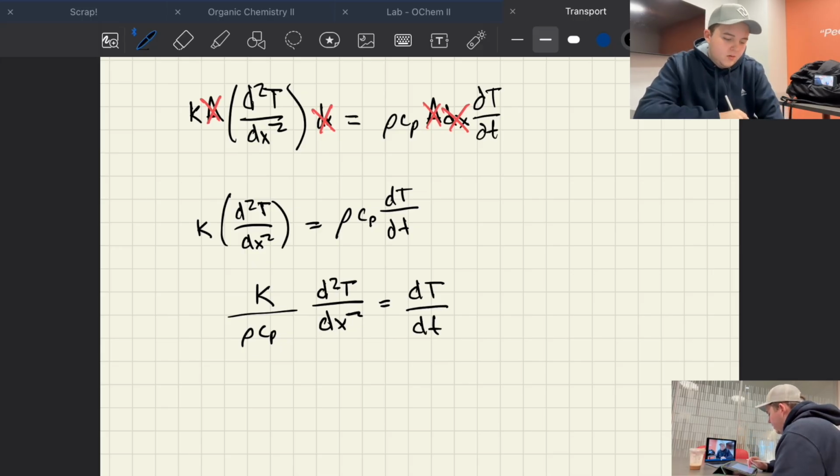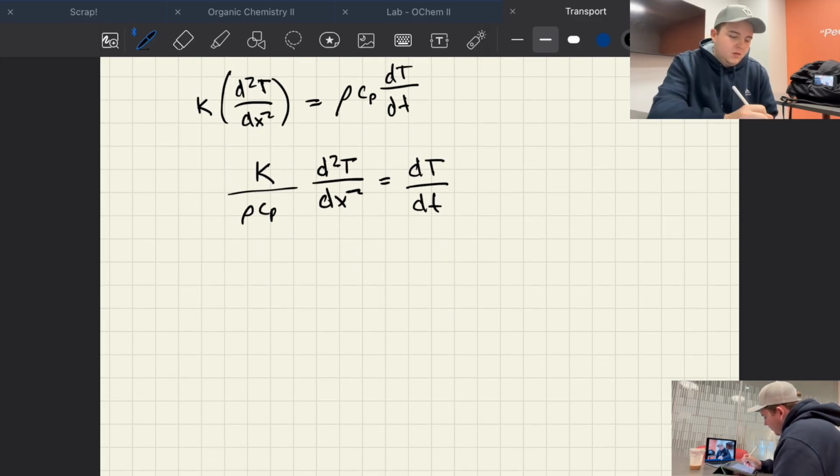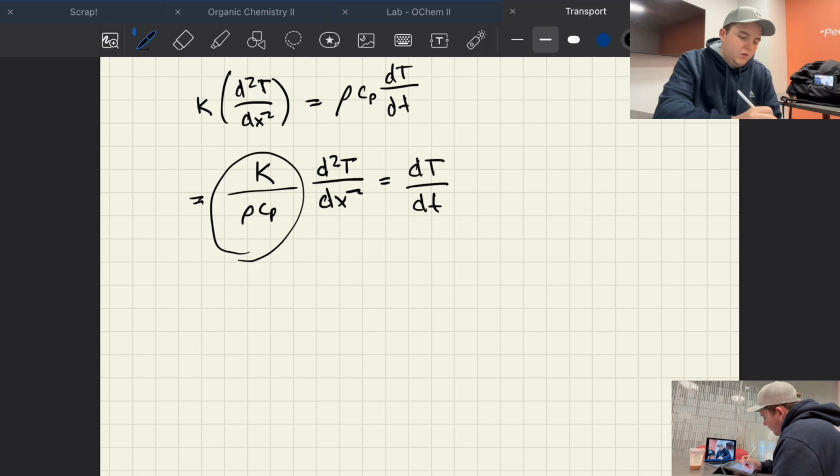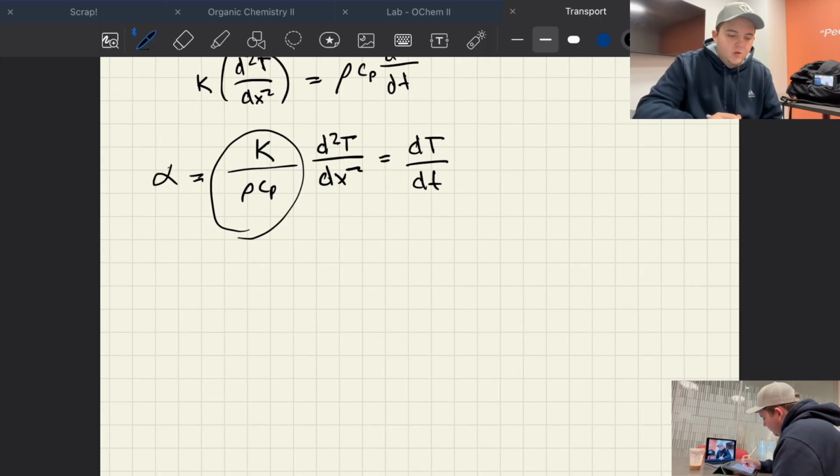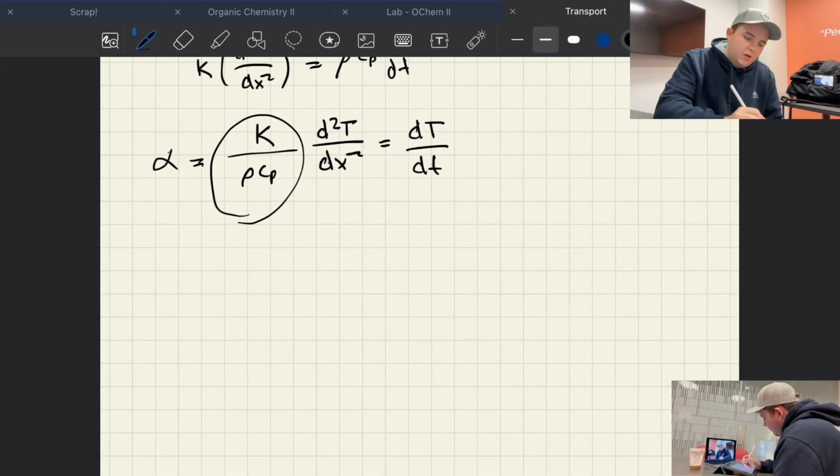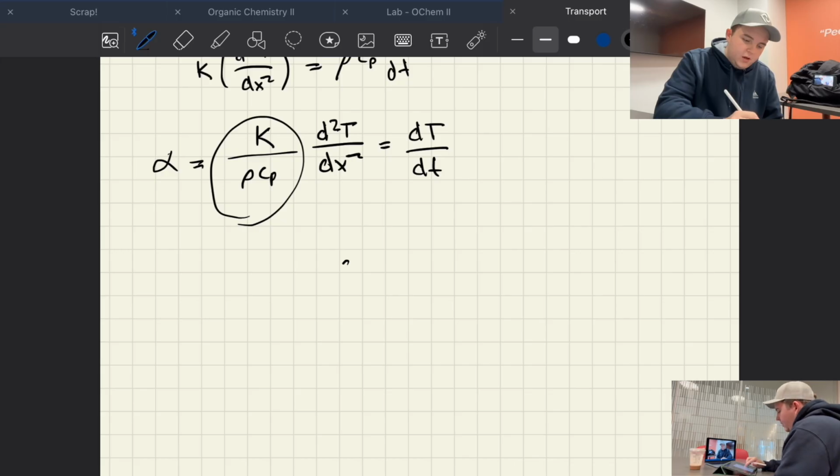And then we can also see that a lot of this looks familiar. So this right here is just equal to our alpha from earlier, which is our thermal diffusivity. So we can replace that with alpha. So we have our final answer.